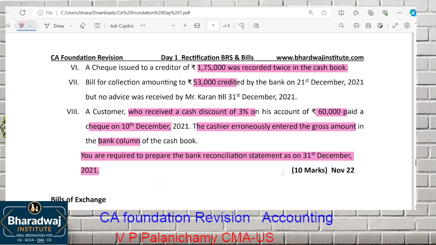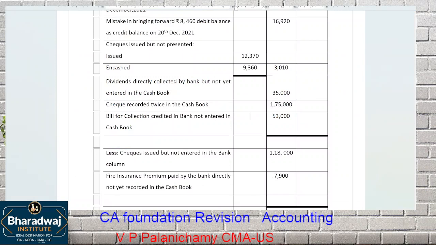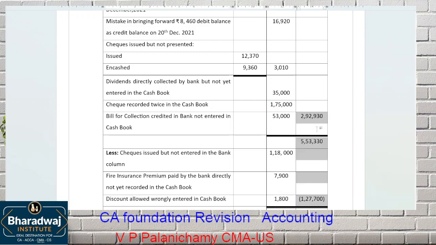Actually, how much discount would we have given? 60,000 into 3%, 1,800 we have given as discount. That should go to which column? Discount column. That is also taken as deposit in the bank column. So we have added that extra discount. Reduce it: minus discount allowed wrongly taken in cash book. So adjust up to this and you will get the balance as per passbook.